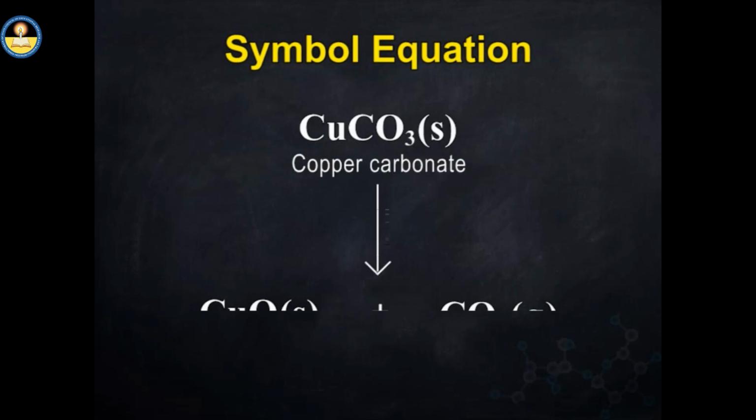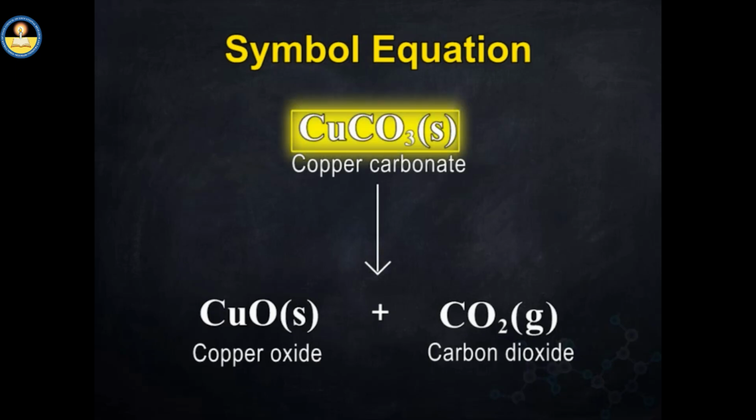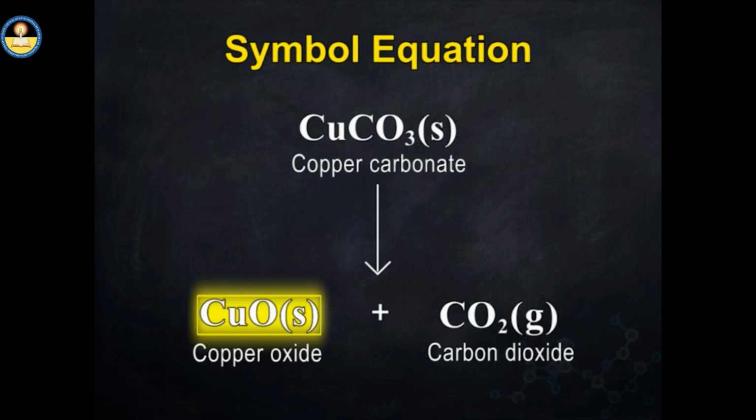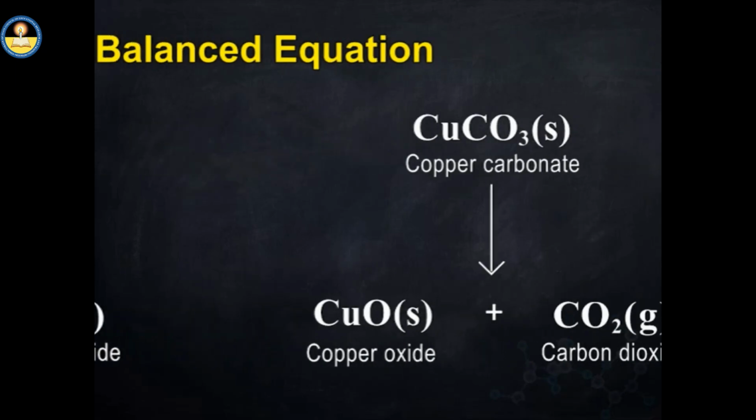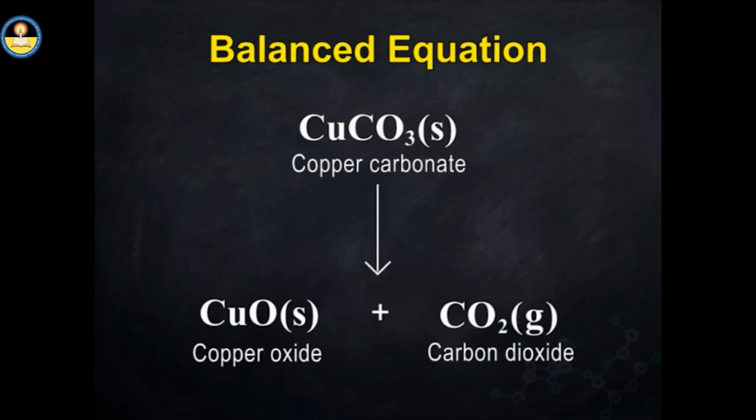Now the symbol equation will be CuCO3 in solid state gives CuO in solid state plus CO2 in gaseous state. Therefore, the balanced equation for the heating of copper carbonate is CuCO3 in solid state gives CuO in solid state plus CO2 in gaseous state.